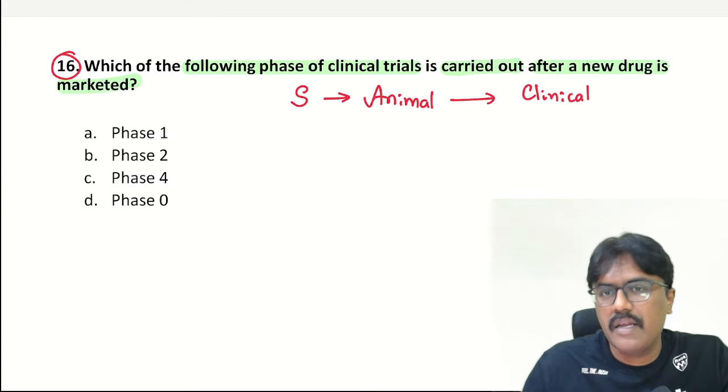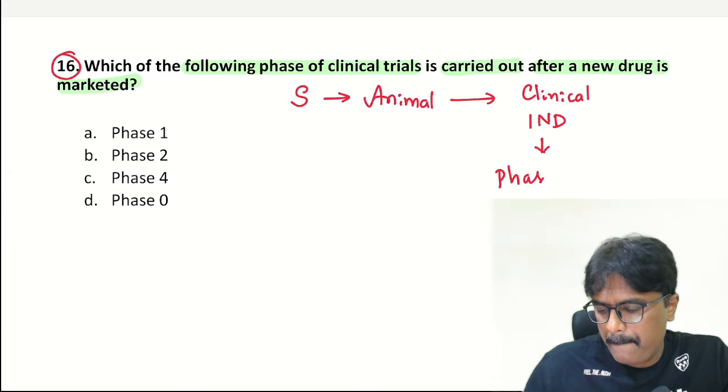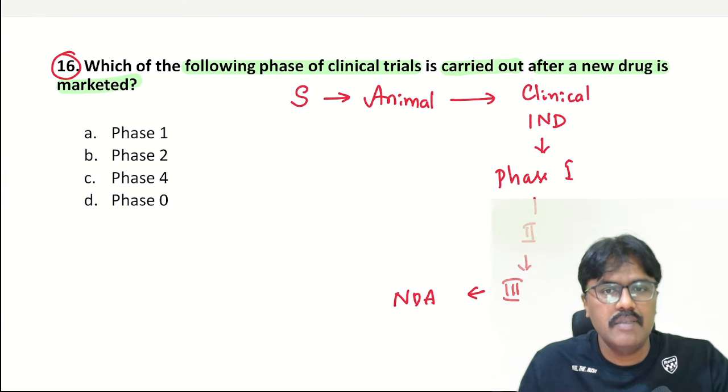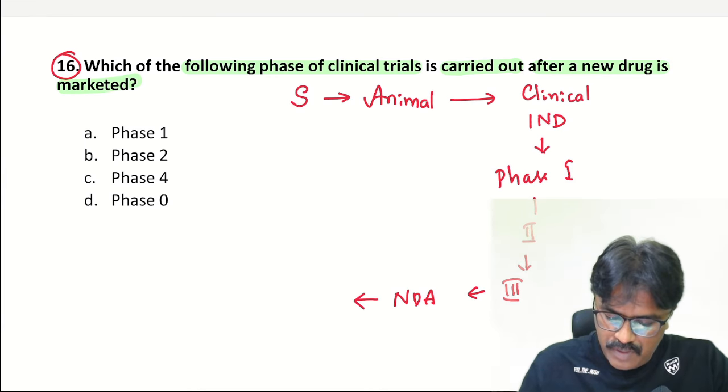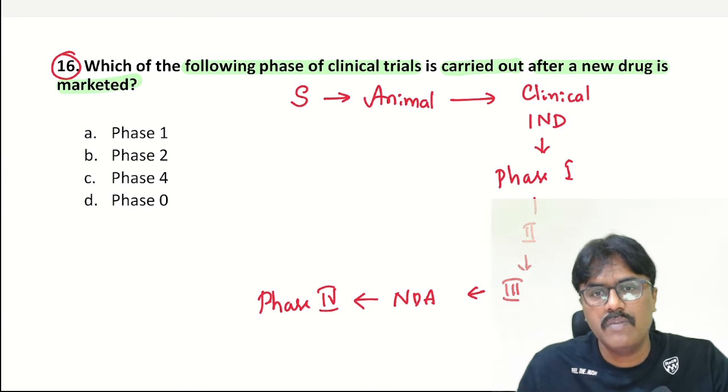So when we start clinical trial, we call it IND, investigational new drug. Then we do phase 1 trial, then phase 2, phase 3, and then we get a new drug application. The new drug application will get us the marketing license, and then we do phase 4 trial. Phase 4 is also called post-marketing surveillance.